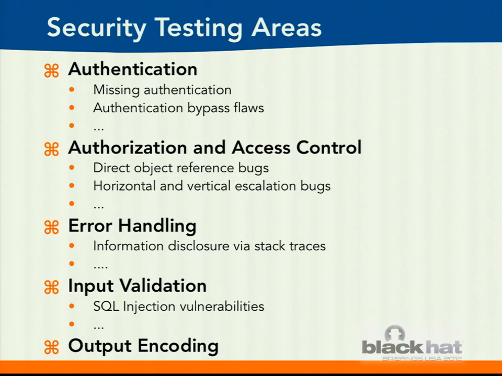We want to also test for error handling, so we want to do fuzzing with common attack vectors and see how the application reacts. We want to test for input validation, so we want to test for SQL injection and LDAP injection. But we also need to make sure that, for example, the server may actually expose native code over all this technology.